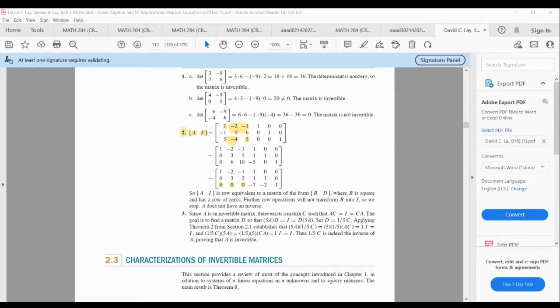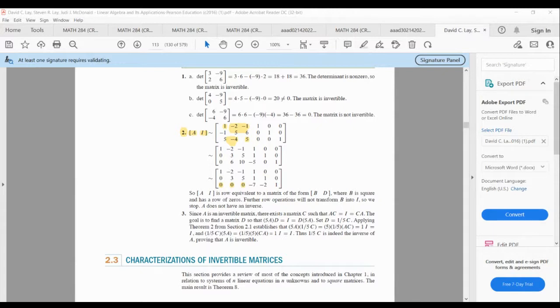How many pivot positions does the matrix A have? That's right, Bellin, 2. So this goes with the practice problem at the end of section 2.2, the second practice problem. Because the matrix A does not have 3 pivot positions, this means the matrix A is not invertible.